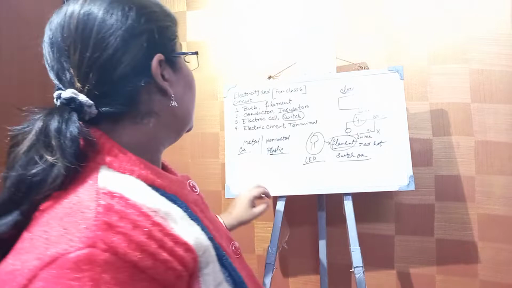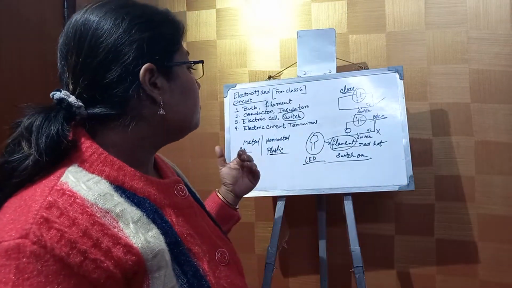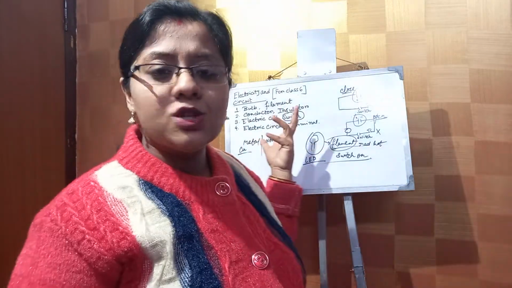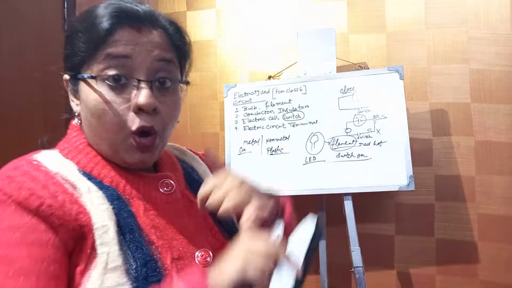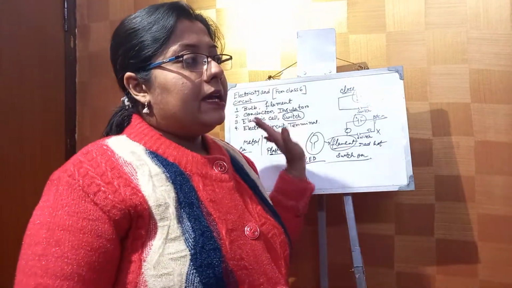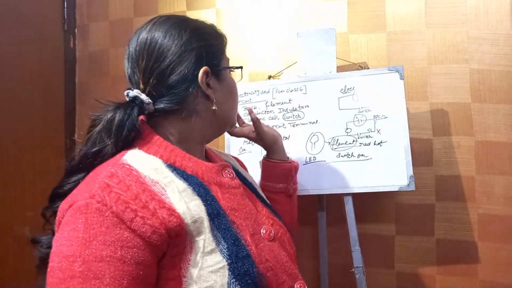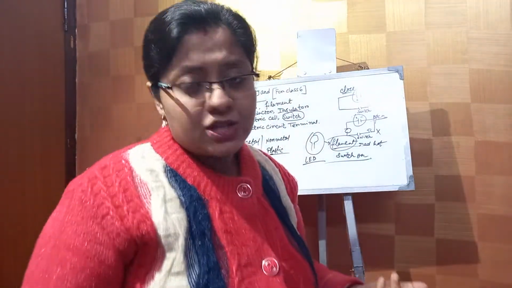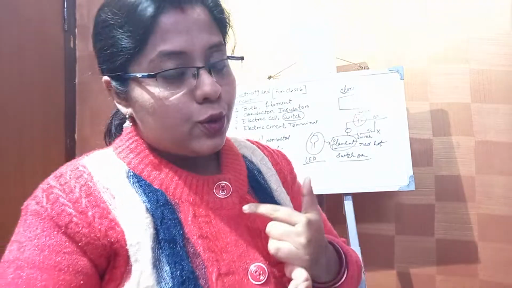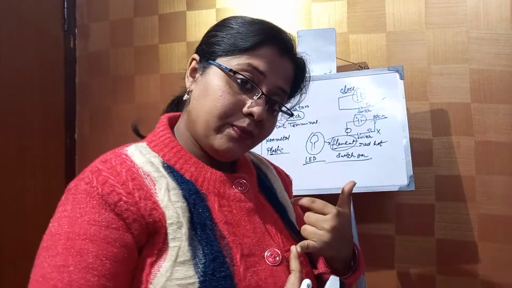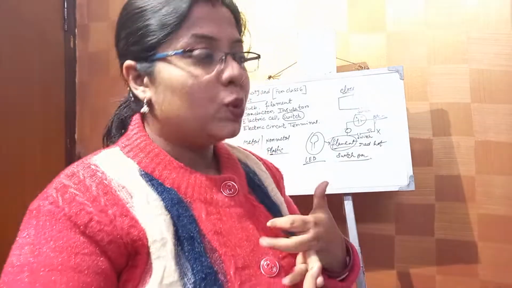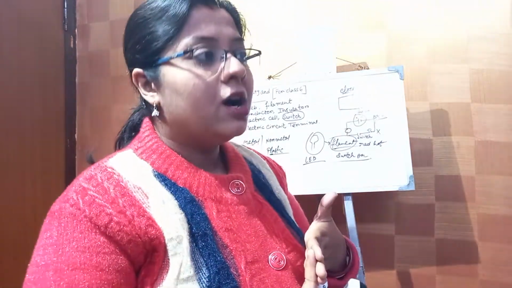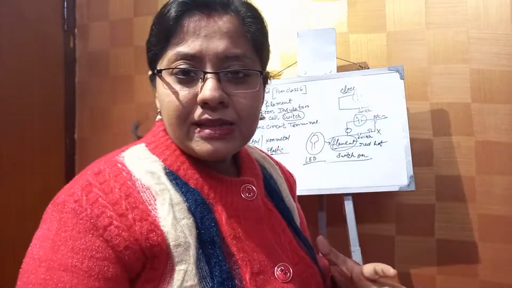Fine. Next is electric circuit and terminals, which we have already discussed. So let's summarize the whole thing again. In the chapter on electric charges, electricity and circuits, we have to know what electricity is, then what a bulb is, what a filament bulb and LED bulb are, and what their benefits are.